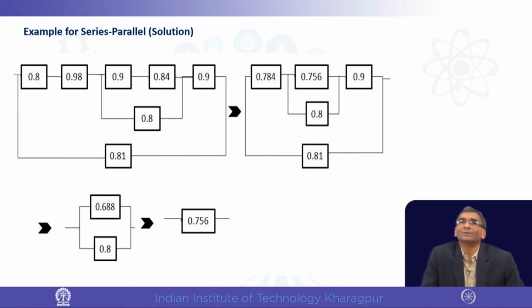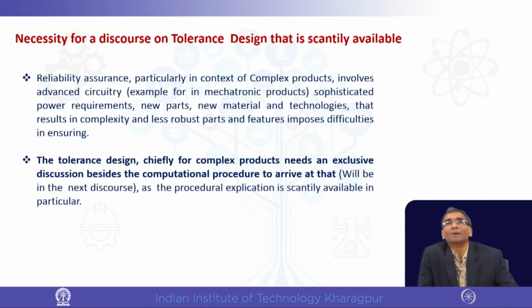Now here we close today's discussion on this part, but I would also point out that some discussions are necessary for tolerance design, which is very important, and we will take up a new discourse for this, and reliability assurance, particularly for mechatronics complex products, which are very important. So, it will be dealt with in the complex products context.